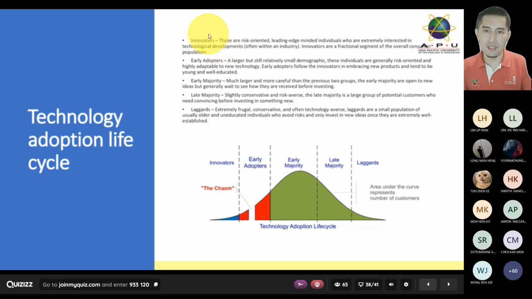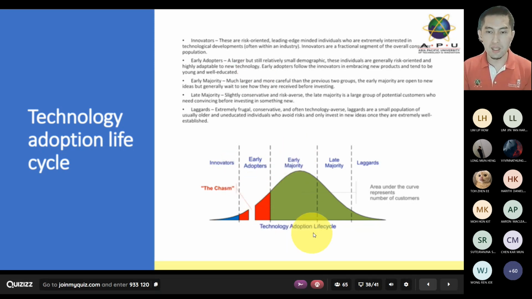And of course, in this case here, these are normally talking about very significant technological developments. Early adopters, on the other hand, right, a slightly bigger group, are the follow-up of those people who are innovators, who will then basically take up and adopt the technology.